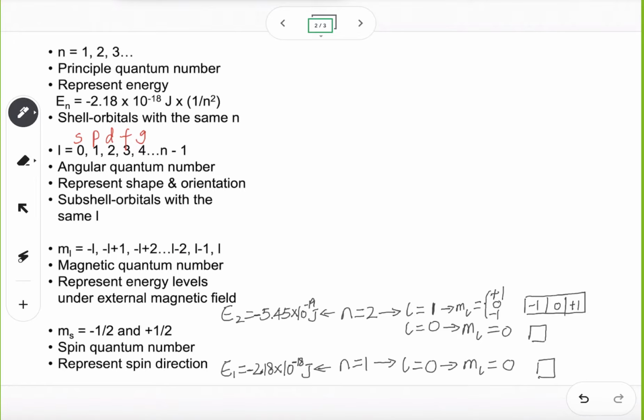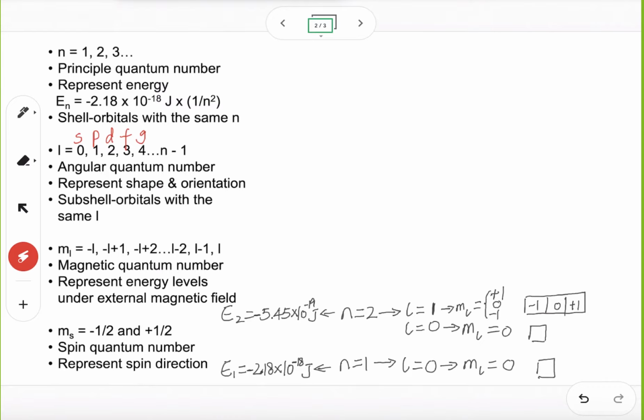Most of the time you don't have to label the atomic orbitals by their ML values, but if you really want to, this is how we label it. All right, now this is n equals 2.